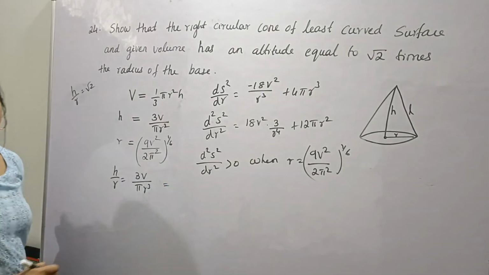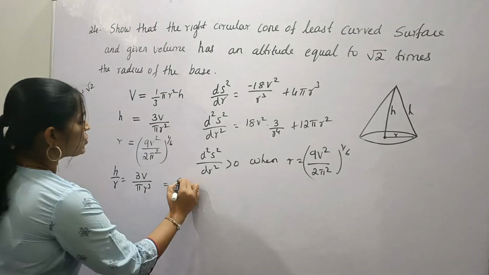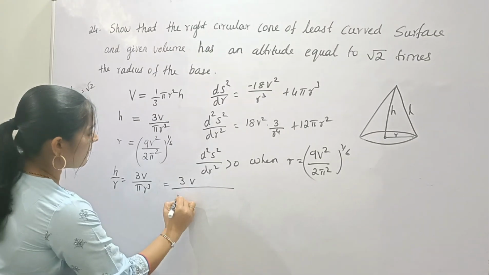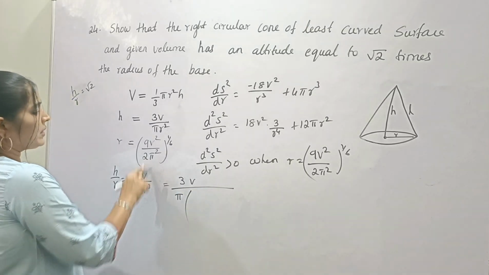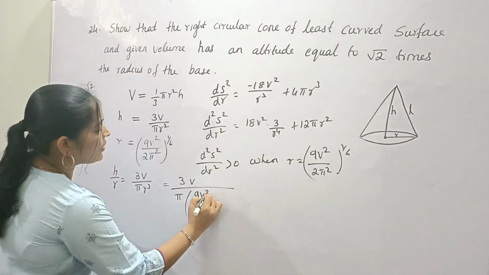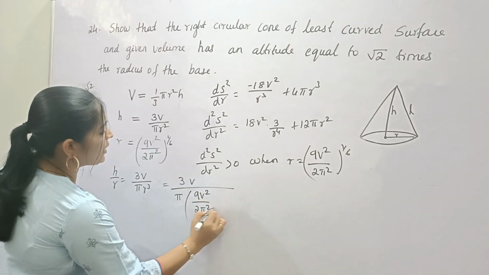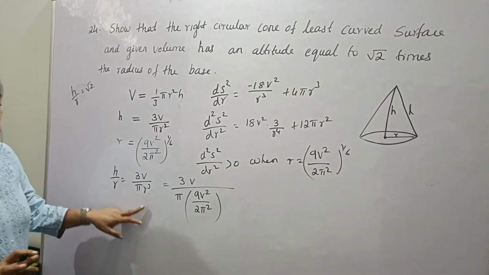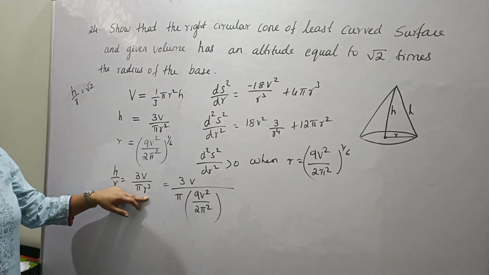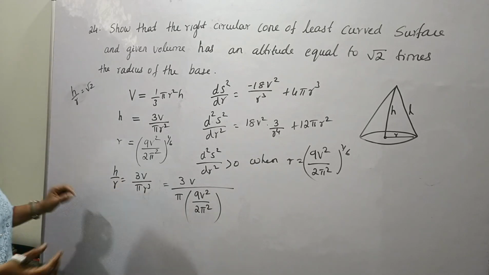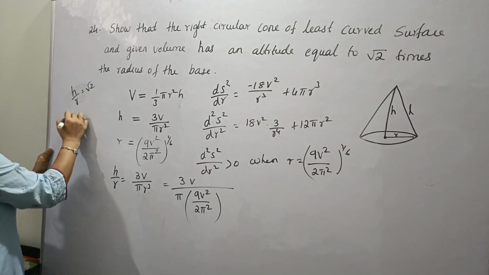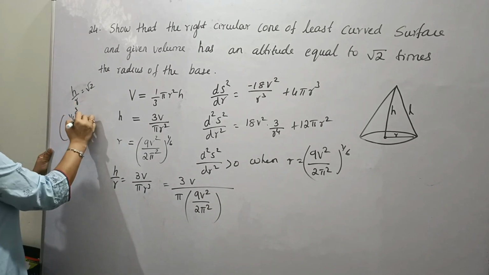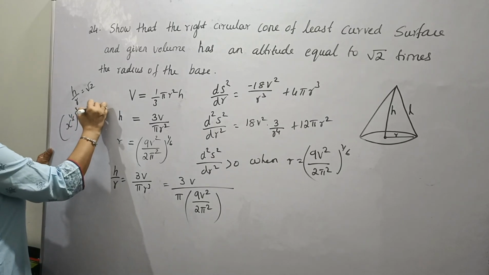Now let's substitute r cube. So 3v divided by pi, and what is r? R is (9v square divided by 2 pi square) whole raised to 1 by 6. So here r cube, that is whole raised to cube. See here, x raised to 1 by 6 whole raised to cube is nothing but x raised to 3 by 6.